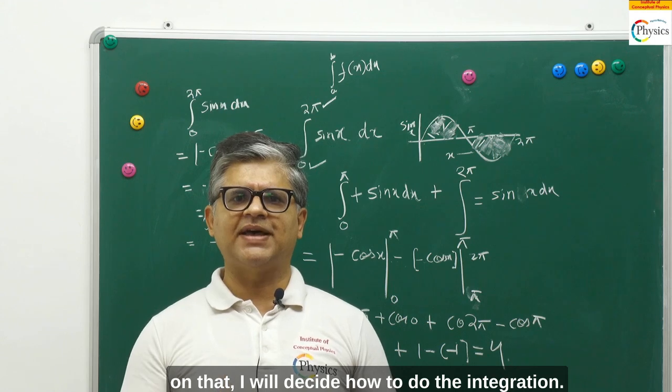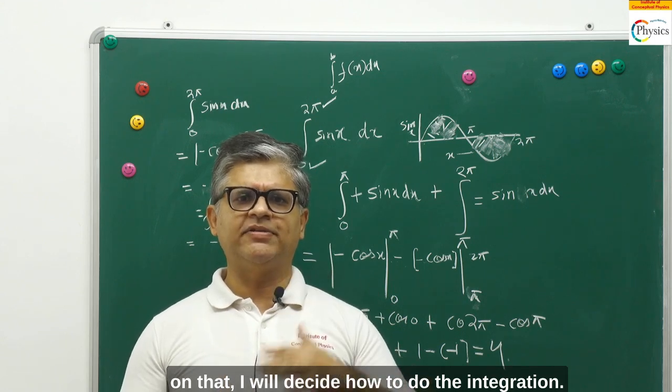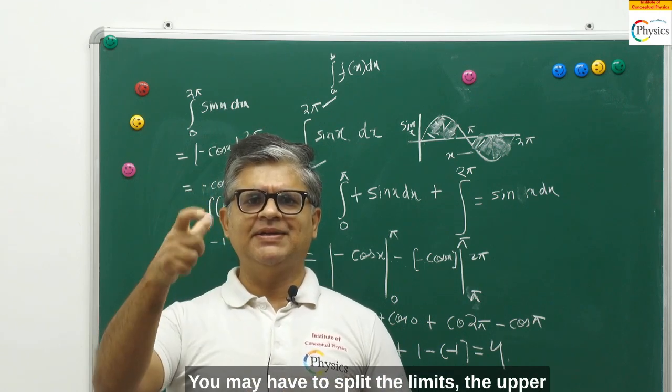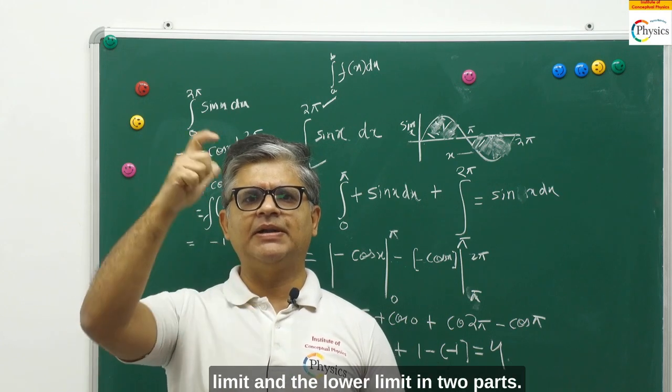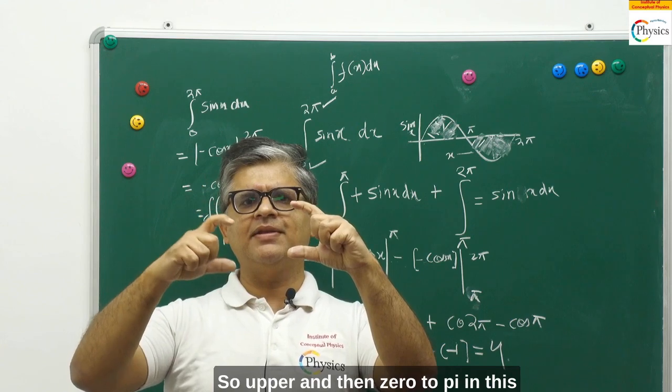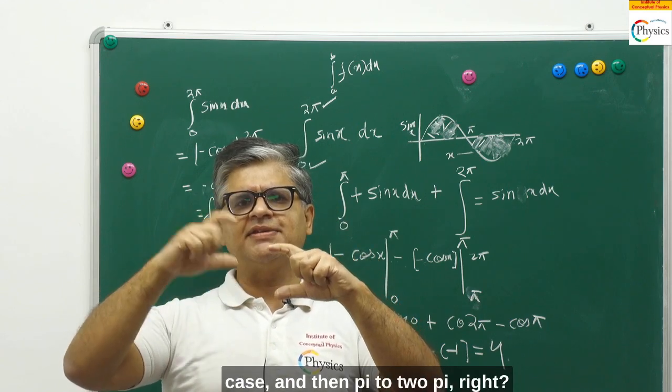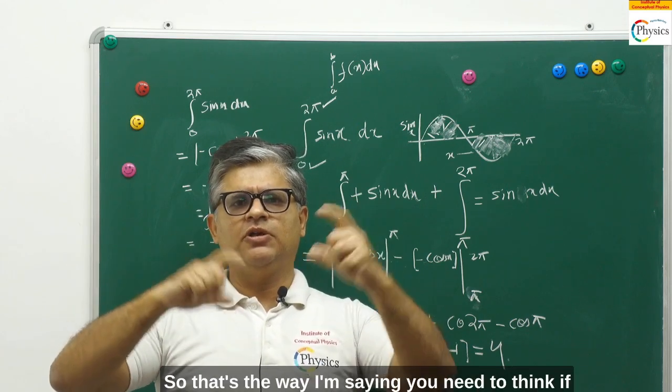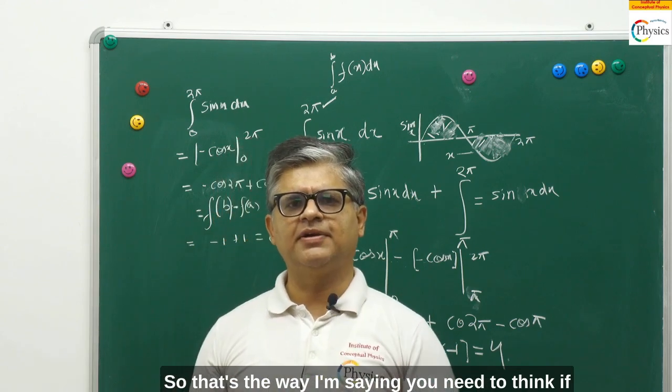Based on that, I will decide how to do the integration. You may have to split the limits, the upper limit and the lower limit, into two parts: 0 to pi in this case, and then pi to 2 pi, right? That's the way you need to think.